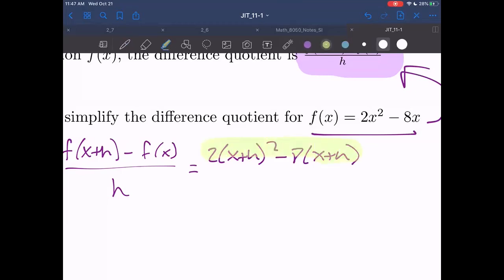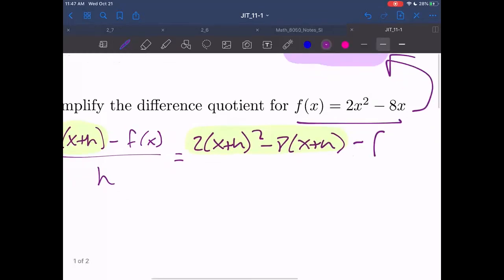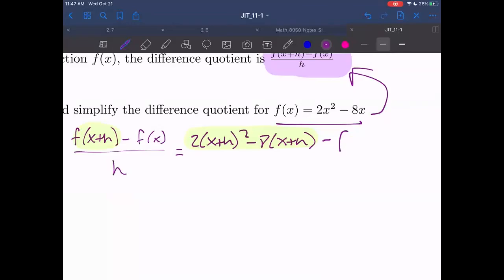Okay, so all of that is our f of x plus h. And then minus 2x squared minus 8x, our original function.